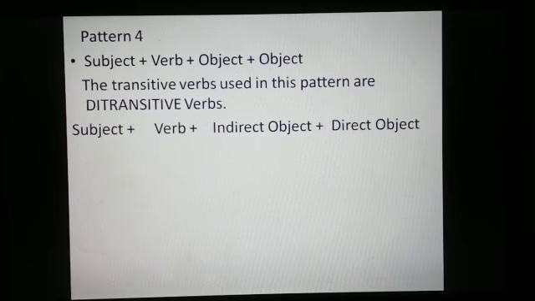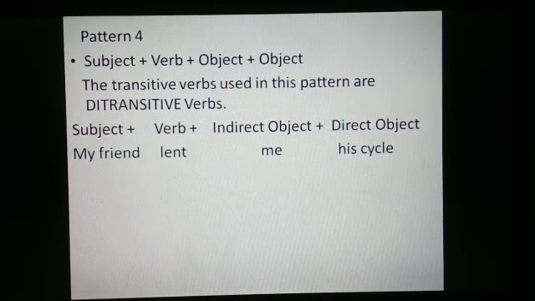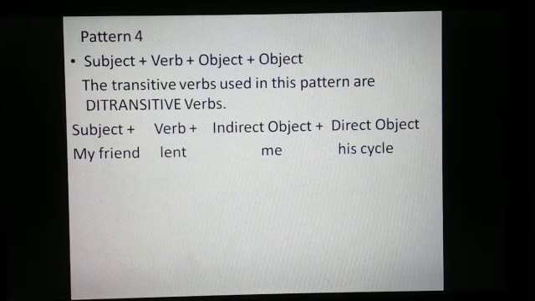See, this is our pattern. Subject plus verb plus indirect object plus direct object. Now, if we put a sentence according to this pattern: my friend lent me his cycle.